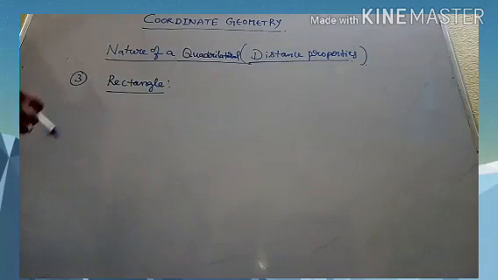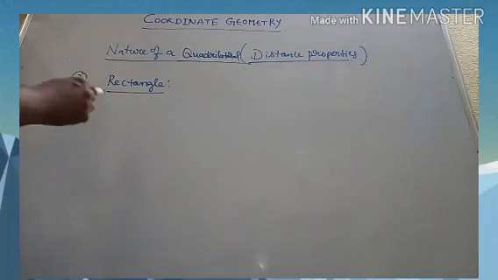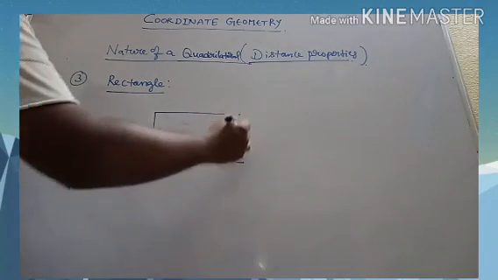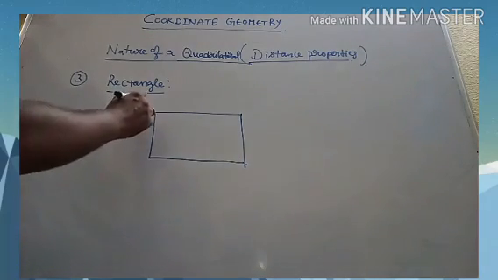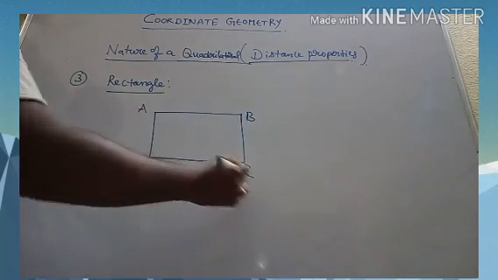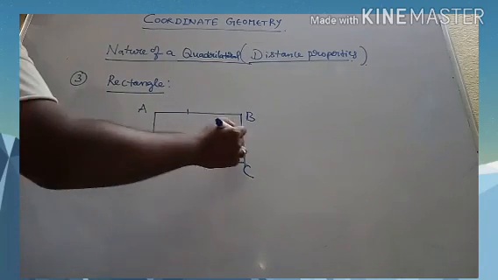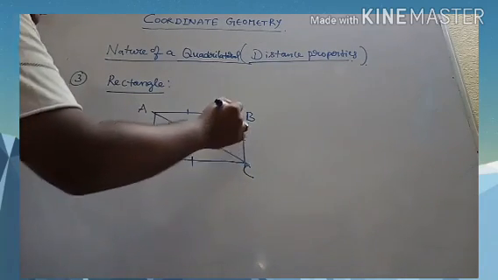Now the third one: if you want to prove any quadrilateral is a rectangle using only the distance formula, you know that if ABCD is a rectangle, opposite sides are equal and diagonal lengths are also equal.